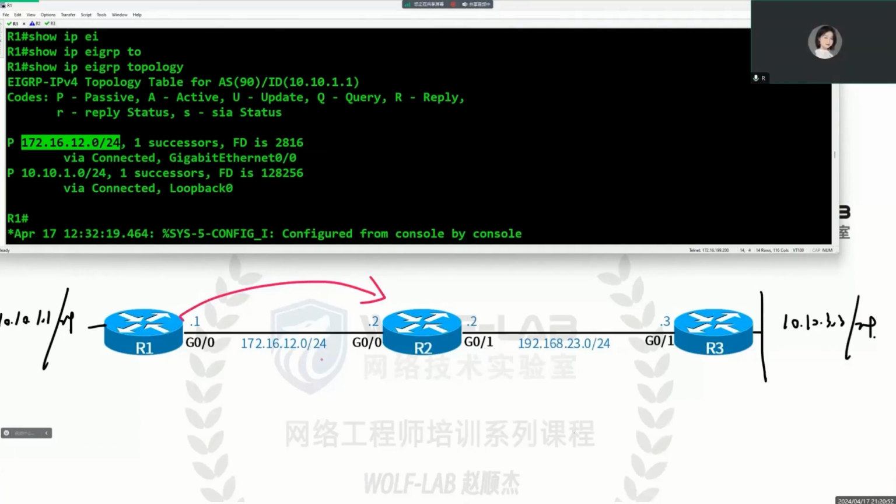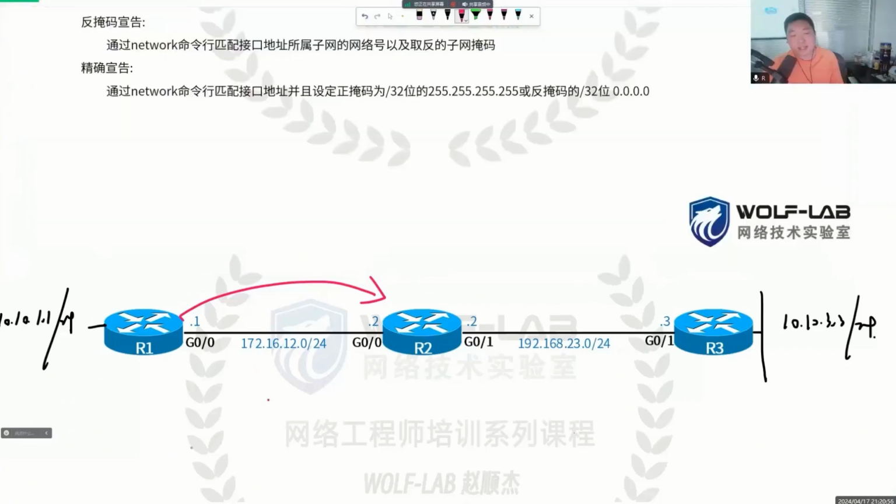Pay attention to a point. Students, think about it. We want to announce our interface's 172.16.12.0/24 direct route to another router connected to this 172.16.12.0/24 network. Do you think it's necessary? Isn't R2 also connected to this network?